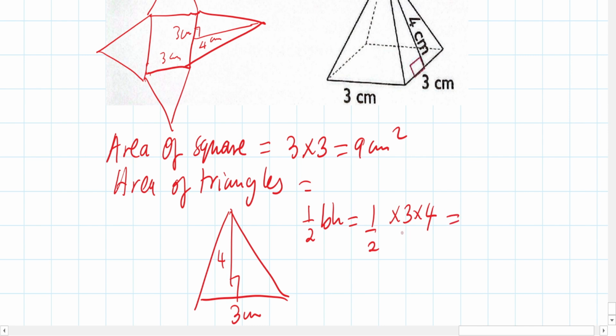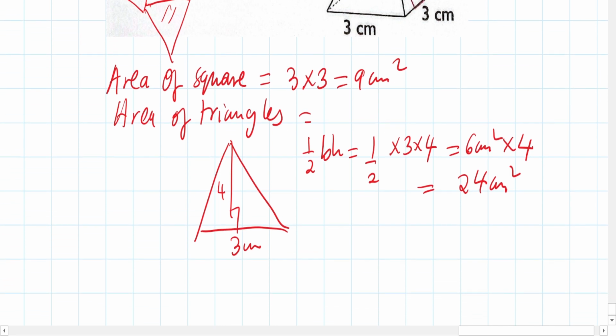So 3 times 4 is 12, divided by 2 is going to be 6 centimeters square. But since there are 4 similar triangles, and the reason they're similar is because they have the same bases due to the square base, it's 6 times 4 triangles, which gives you 24 centimeter square.